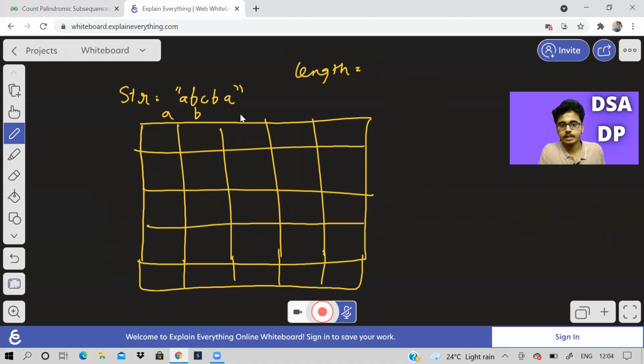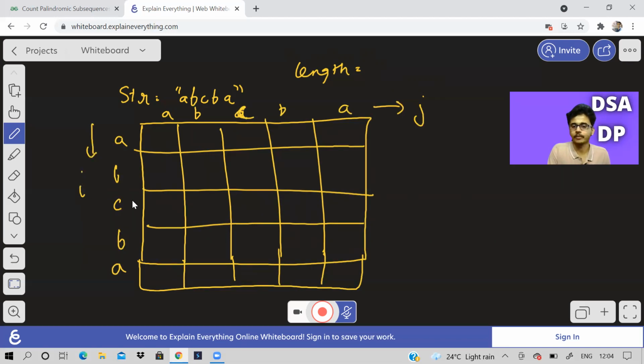So A, B, C, B, A. So column is represented by J and row is represented by I.